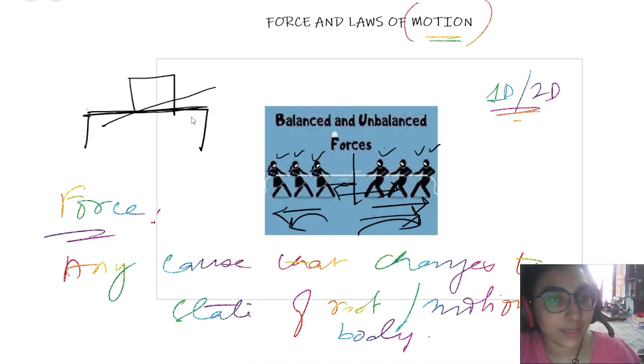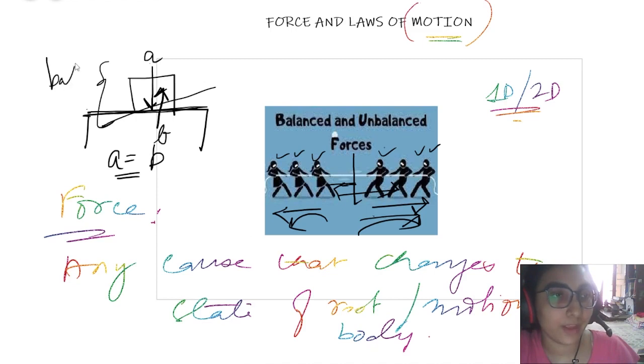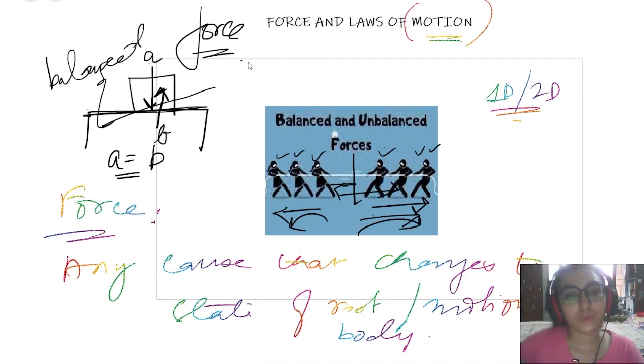Because the table is also exerting a force on the book and the book is exerting an equal amount of force on the table. Let us call it A and let us call this B. So A equals B, as a result of which the book is completely static, it is not moving. Thus, this is also an example of a balanced force.